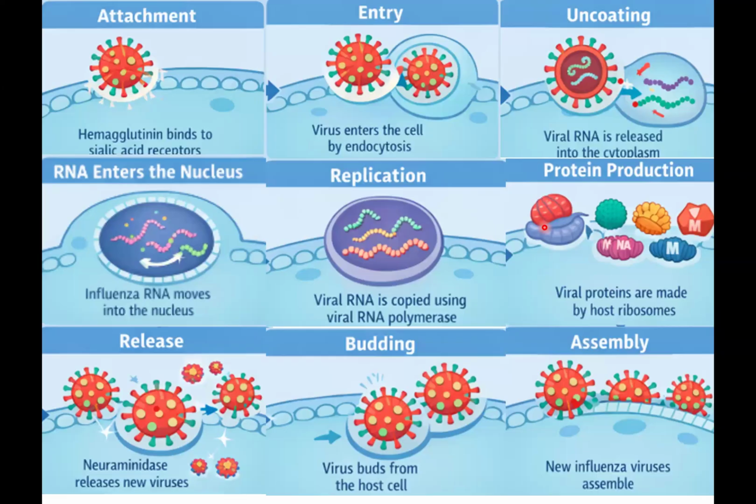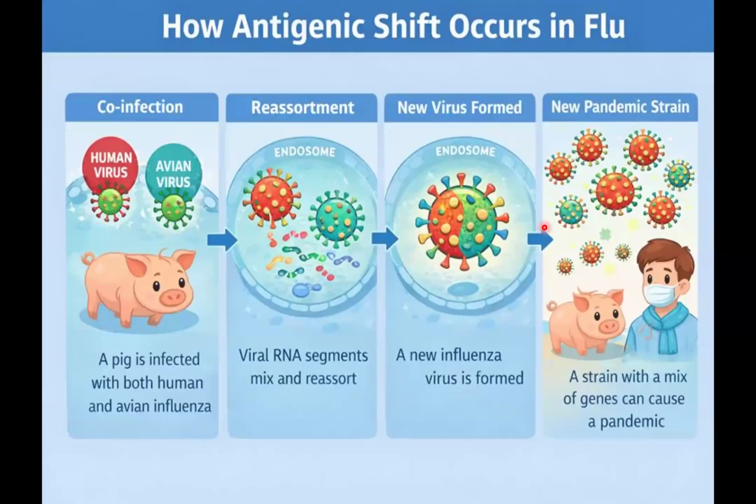This process is what we call the antigenic drift. In addition to that, we have what we call antigenic shift. With the antigenic shift, two different viruses infect our cells, and these two viruses exchange genetic material.